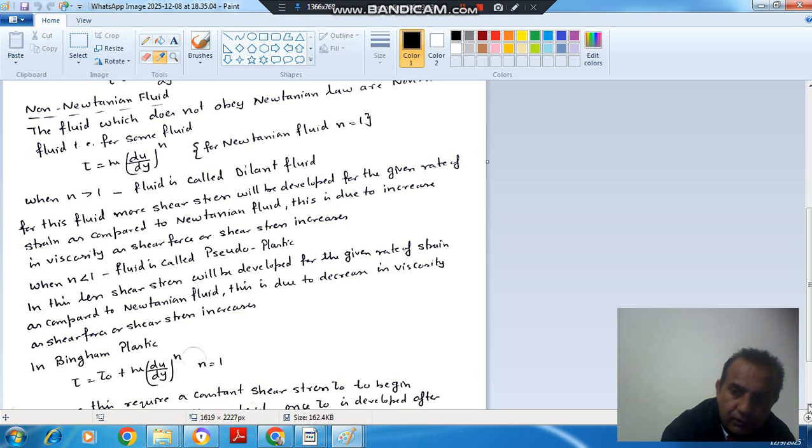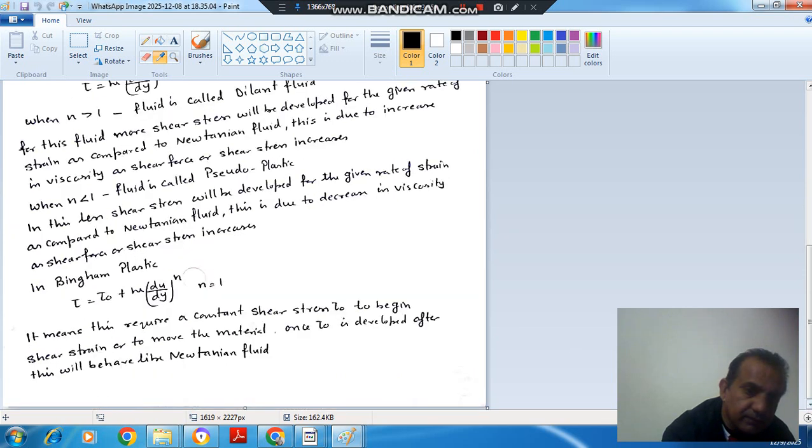Next type of fluid is the Buckingham plastic. So here some constant shear stress is always acting, even when du/dy is 0. After that it may start following Newton's law.